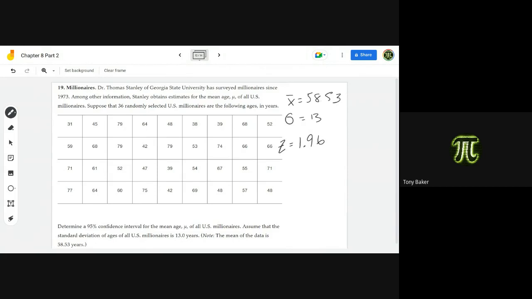So my mean is 58.53, z is 1.96, the standard deviation is 13, and my n is 36.